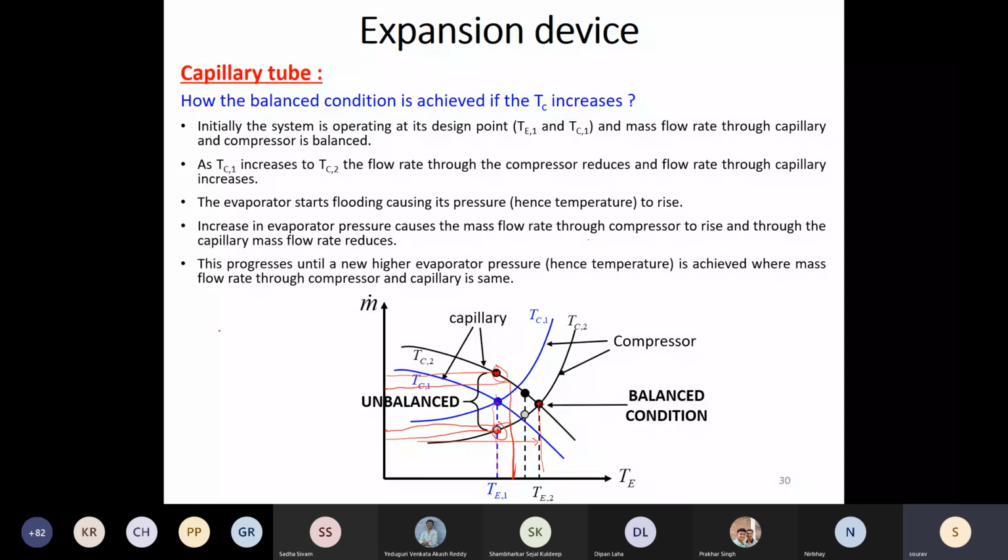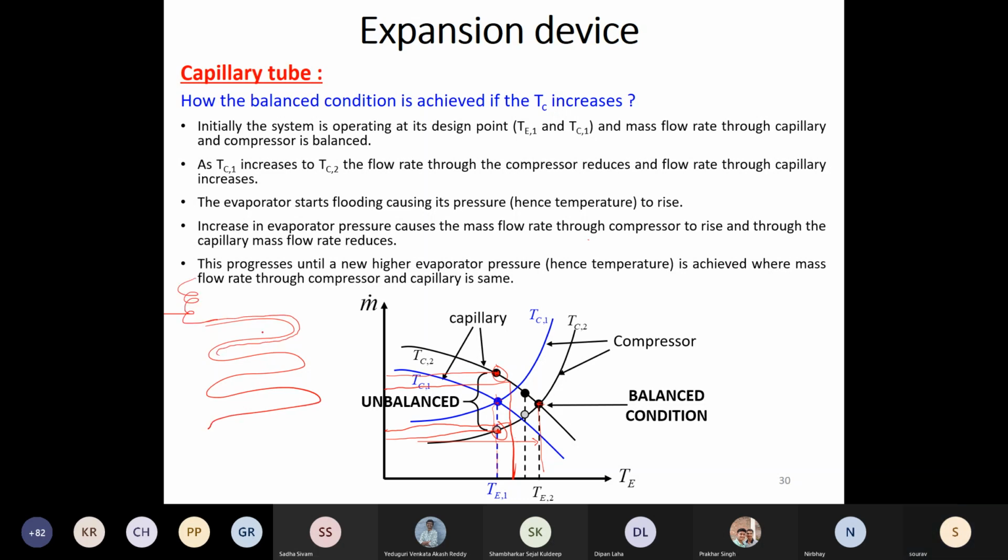Ultimately, your capillary tube is connected and it is filling this up with liquid plus vapor, and the vapor is getting sucked from here to the compressor. If this rate of filling is faster than the rate of suction by the compressor, there is a chance that your liquid plus vapor can reach up to this and get sucked into the compressor.